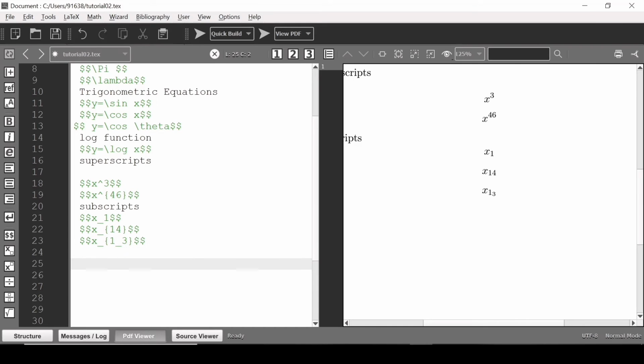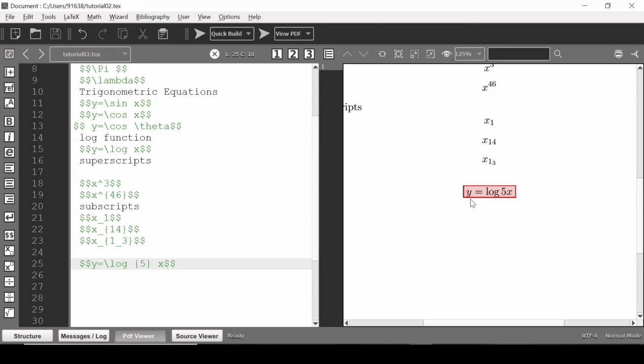From here we can say that inside the double dollar sign, y is equal to backslash log of 5 and then x.